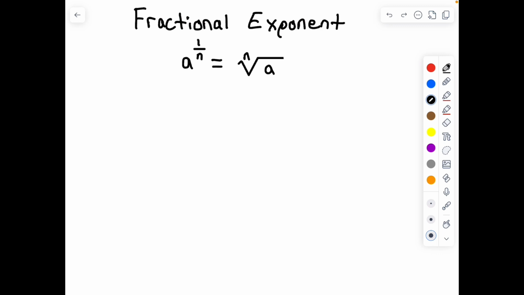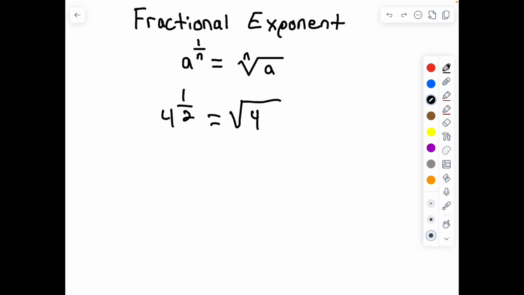So let's look at the fractional exponent rule. When we're starting out with this, a can be any number or variable, and n is a positive number. This means you're taking the nth root of a. So for example, if you take 4 raised to the 1/2 power, that is the same thing as taking the square root of 4.